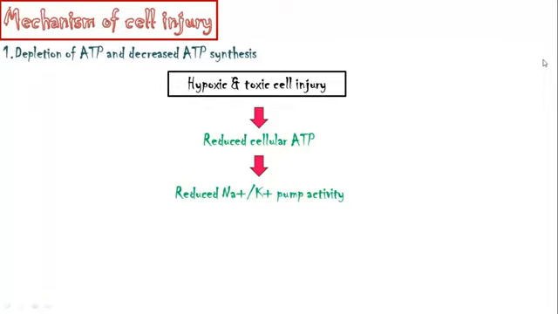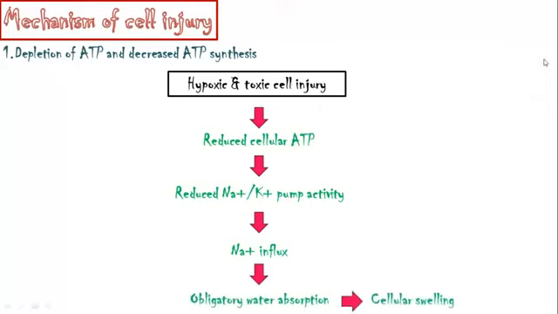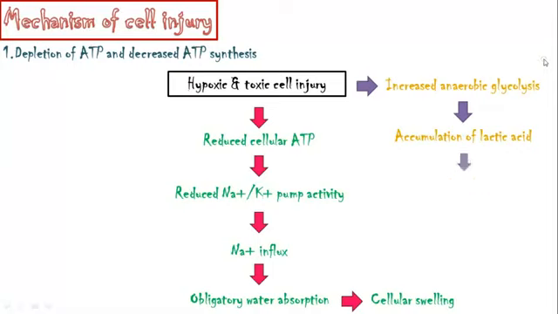As the sodium-potassium pump activity reduces, sodium ions tend to diffuse rapidly into the cell. Water always tends to follow sodium. Therefore, as sodium influx occurs, obligatory water absorption occurs, causing cellular swelling. Due to hypoxia, the activity of anaerobic glycolysis also increases. This causes accumulation of lactic acid inside the cell, causing reduction in intracellular pH.